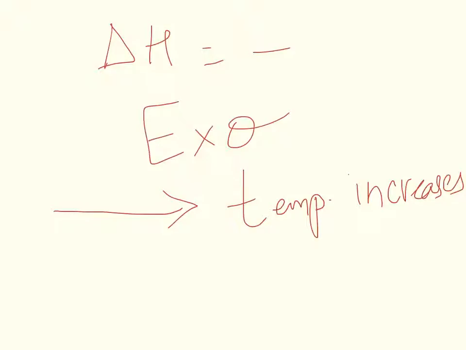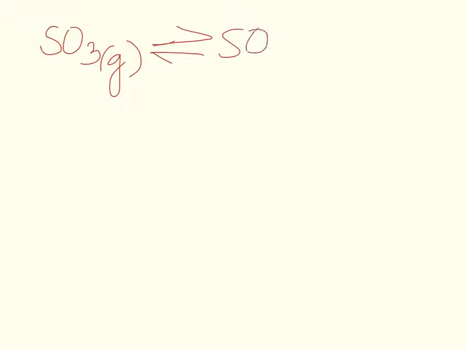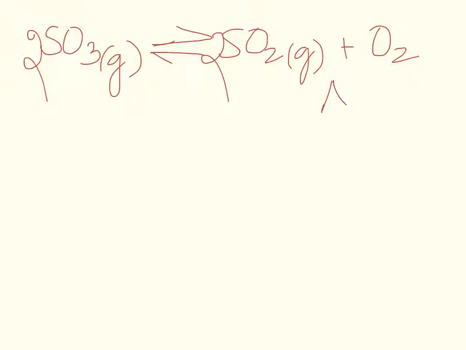Right? Now, going back to our equation, sulfur trioxide gas is in equilibrium with sulfur dioxide gas and oxygen gas, and delta H is a positive number. However much this number is, this positive tells us that it is an endothermic reaction.